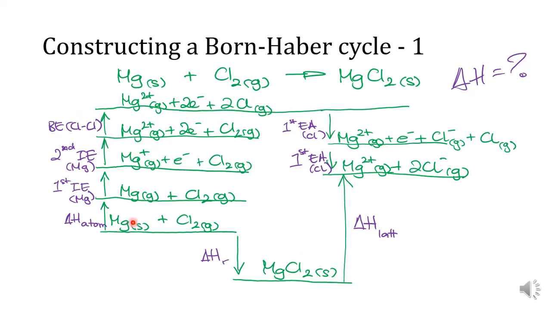Okay, so what we're going to do now, I am going to copy and paste over this diagram onto my next slide and actually start filling in these numbers. I might actually go back and grab a picture of the Born Haber cycle before I did this purple annotation.